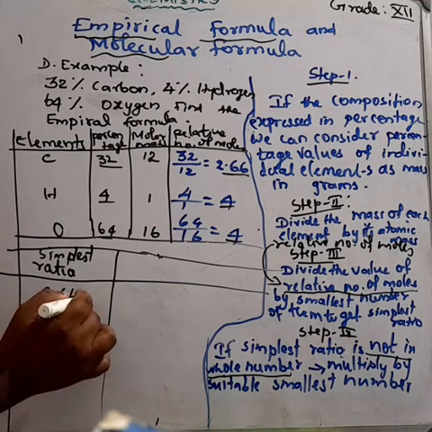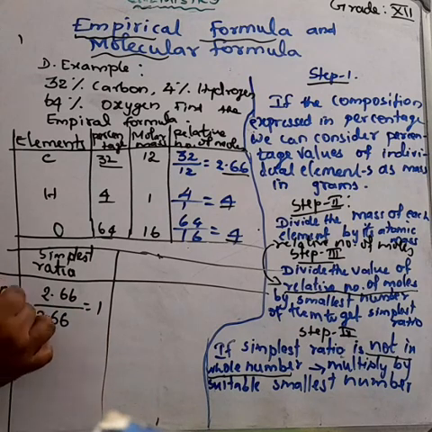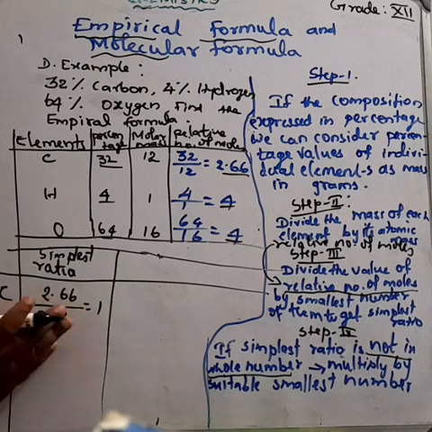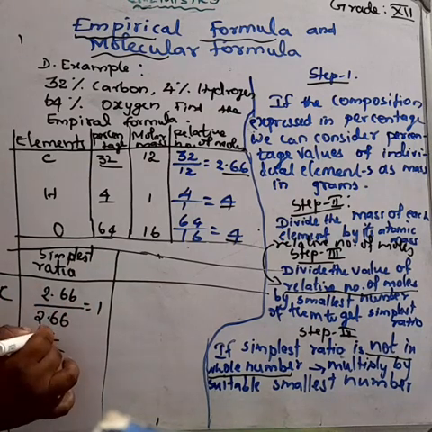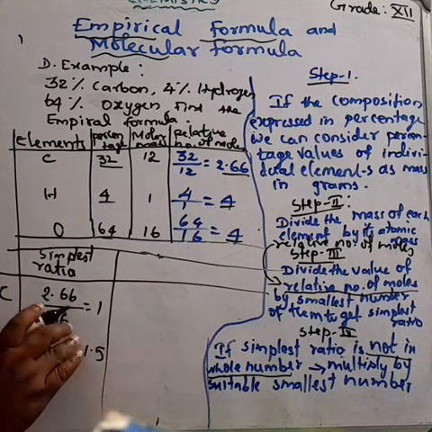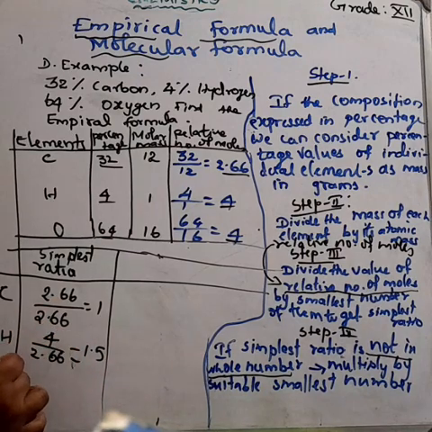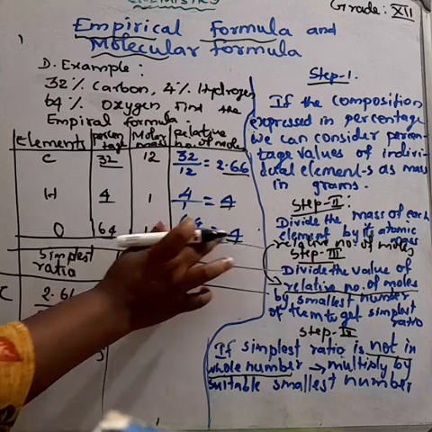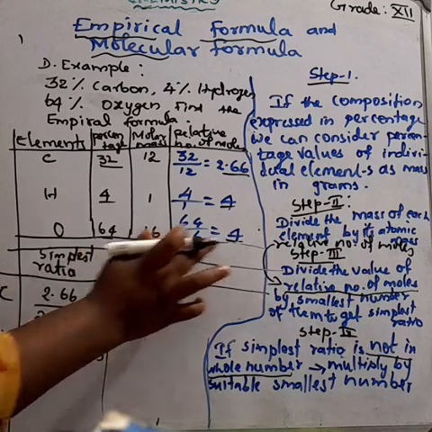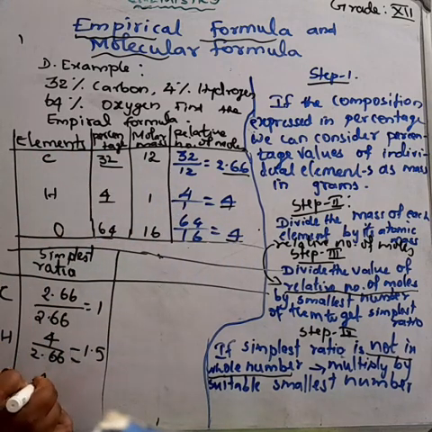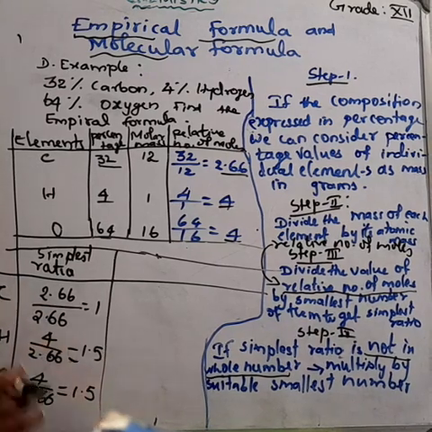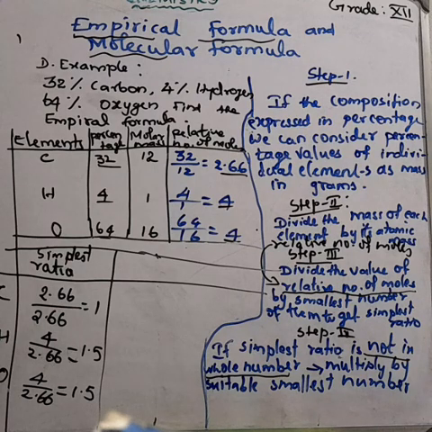For hydrogen, relative number of moles 4, divided by 2.66, we get 1.5. For oxygen, 64 divided by 16, relative number of moles 4, simplest ratio 4 divided by 2.66, because 2.66 is the smallest number. We get 1.5.